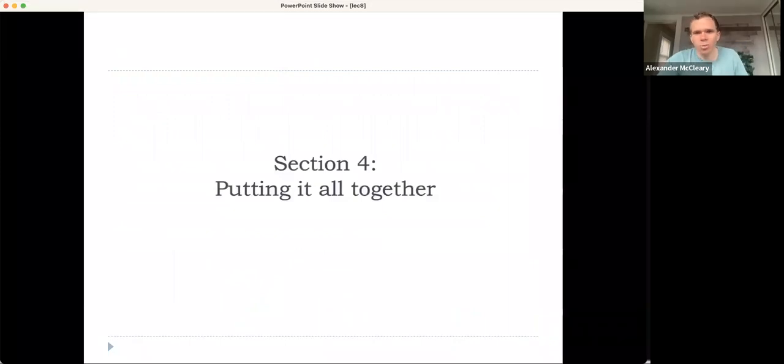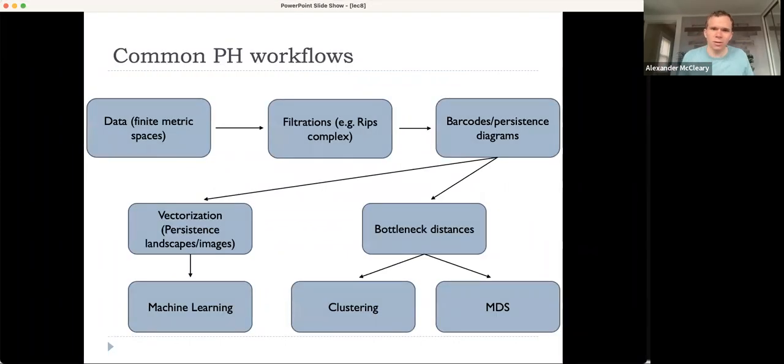Okay, so now let's look at how we can put this all together. We're going to look at a common persistent homology workflow. The way the workflow usually goes is we start with our data, which is going to be a finite metric space, or we might have multiple finite metric spaces.